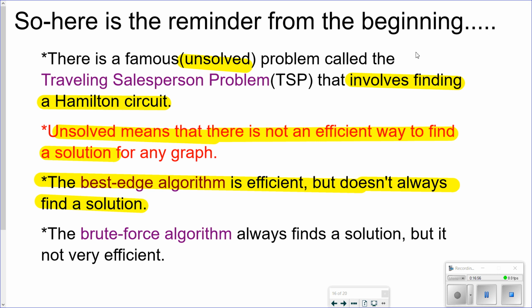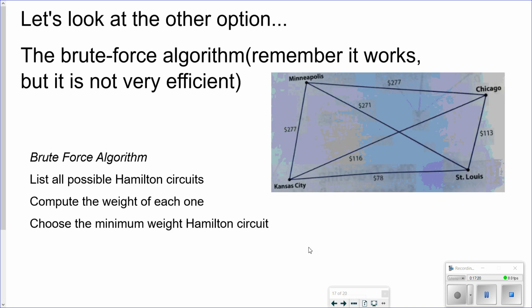So here's our reminder from the beginning, that this process involves us trying to find a Hamilton circuit, and that the best edge algorithm, although it's efficient, like we can follow through its steps, doesn't always find the solution. So what we are going to do is look at the other option, which is called the brute force algorithm.